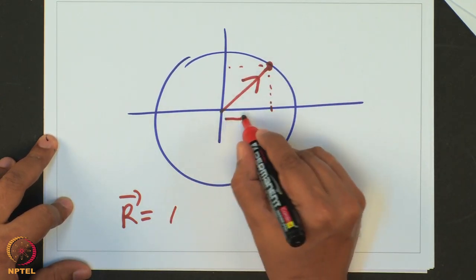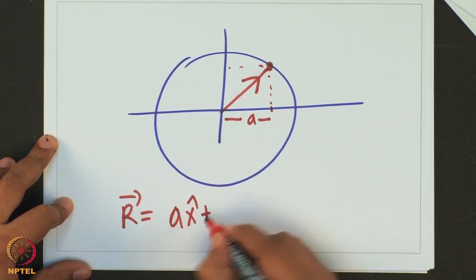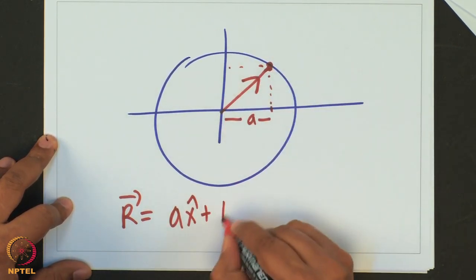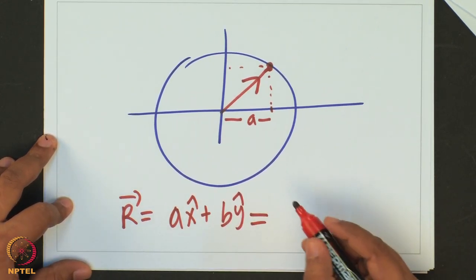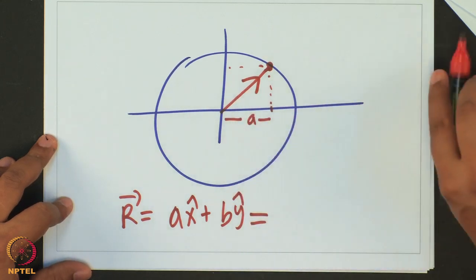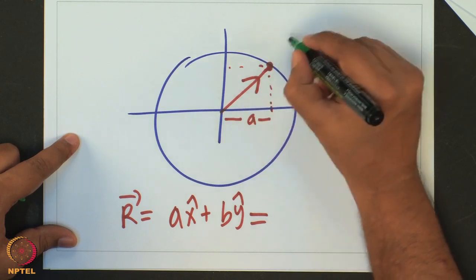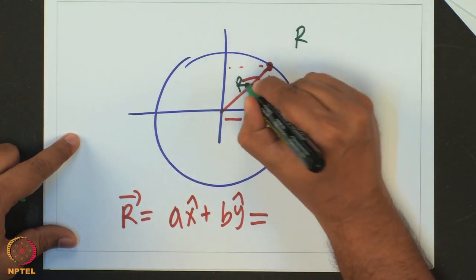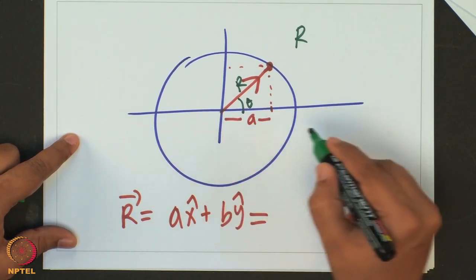So this distance, let us call it a, so a along the x-axis plus b along the y-axis. The same thing can be represented if I know this radius r and this angle theta.